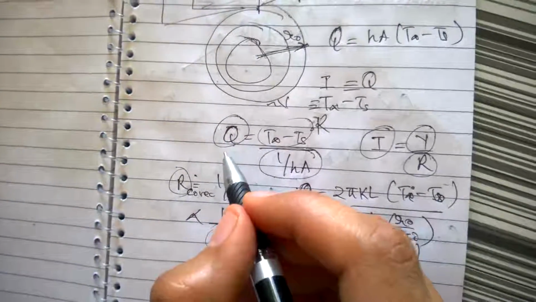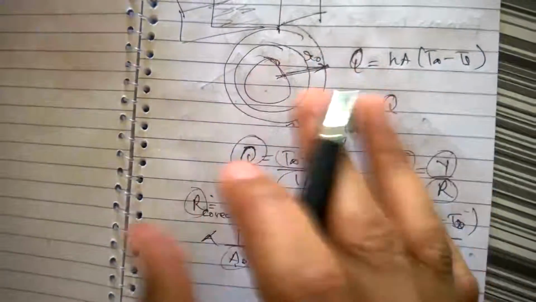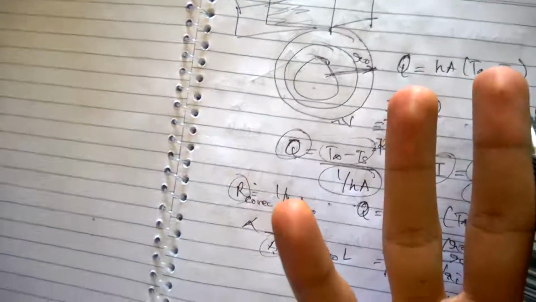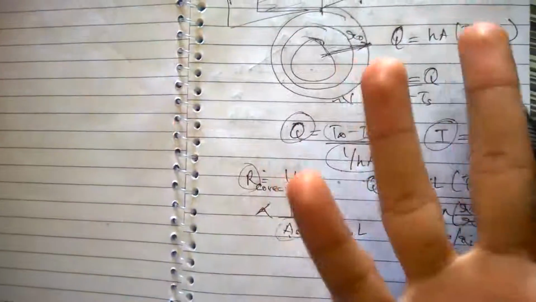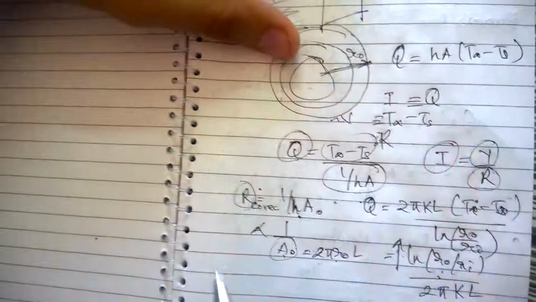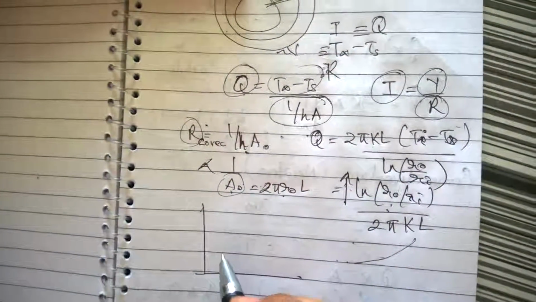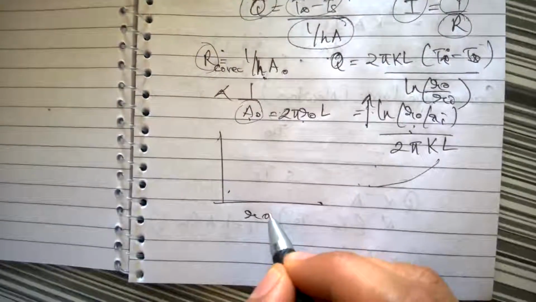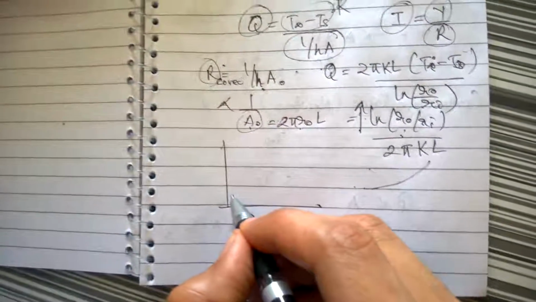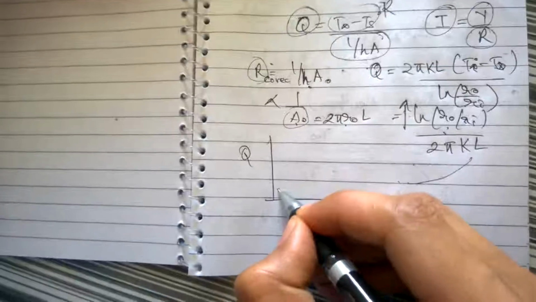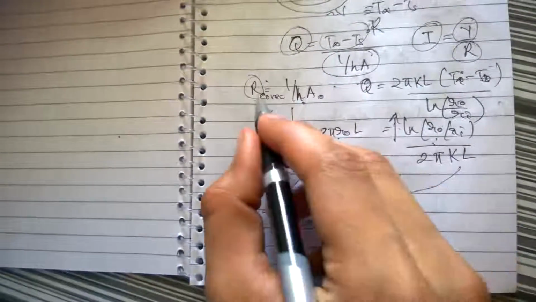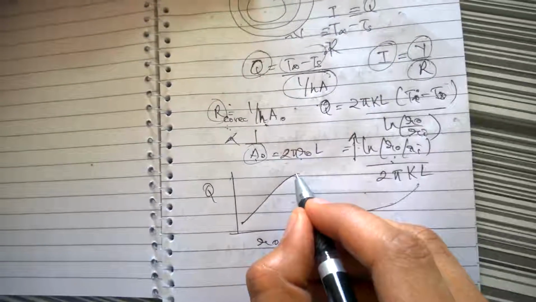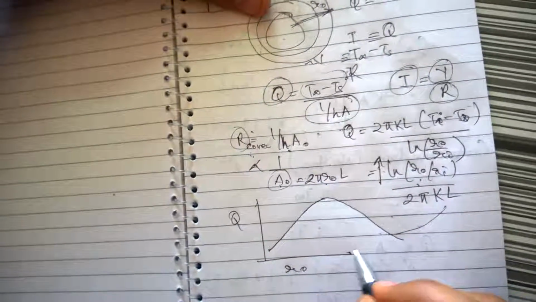But there is also this simple logic that if you keep increasing insulation to infinity, there should be no heat transfer occurring, because with so much insulation, no heat can actually pass through. That means there must be some point, as the radius is increasing, where Q starts increasing because of the decrease in resistance, goes to a certain point, and then starts decreasing again, right?